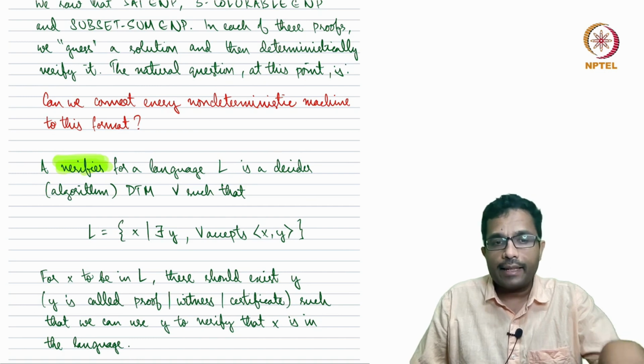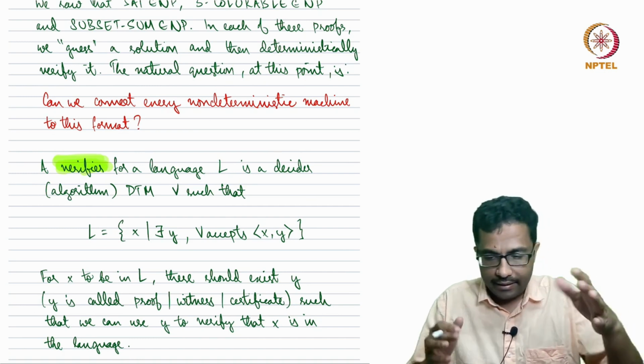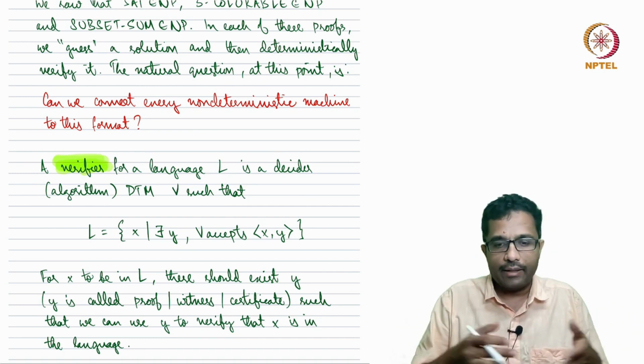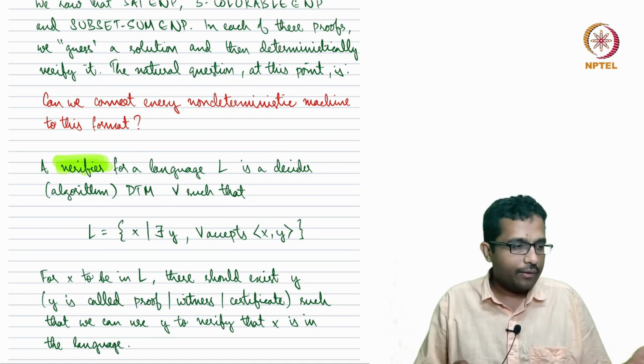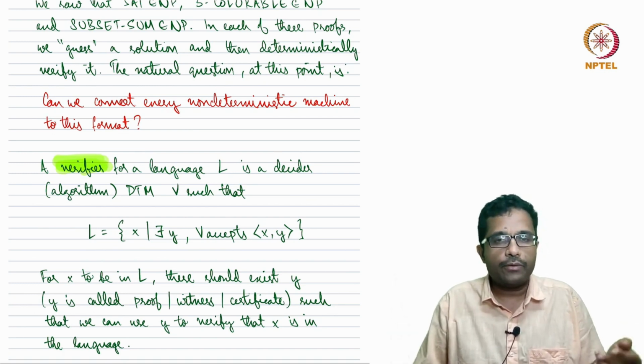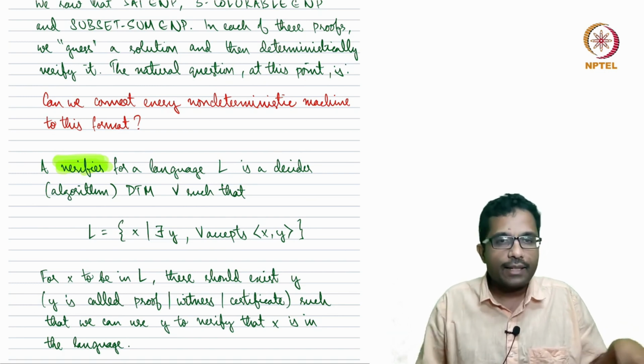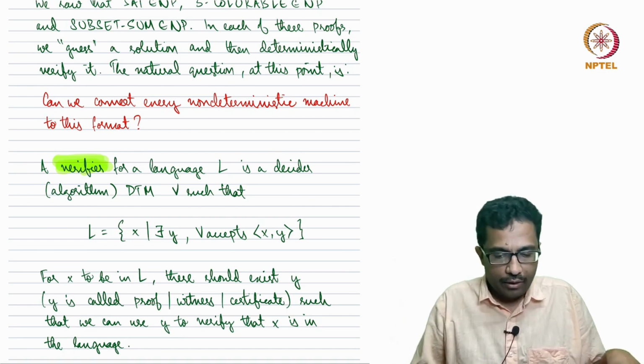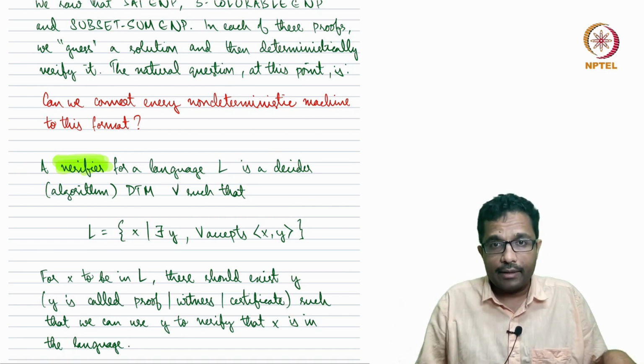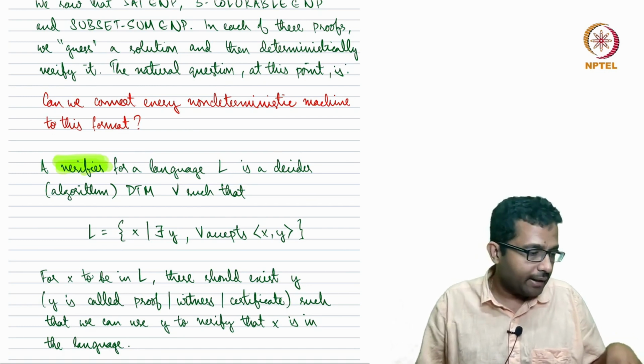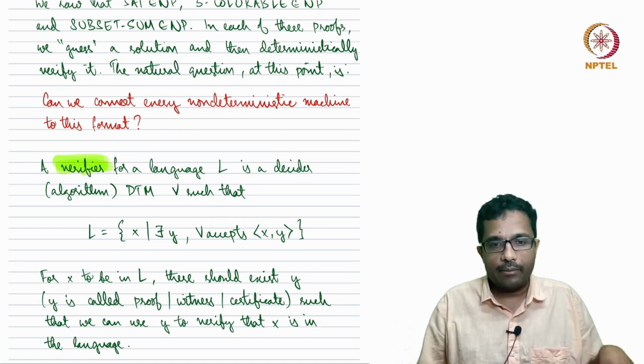Given a satisfying assignment, I can just substitute it into the formula. A satisfying assignment means x1 is true, x2 is false, some assignment which satisfies the formula. So given a satisfying assignment, it is easy for us to check that this formula is satisfiable.